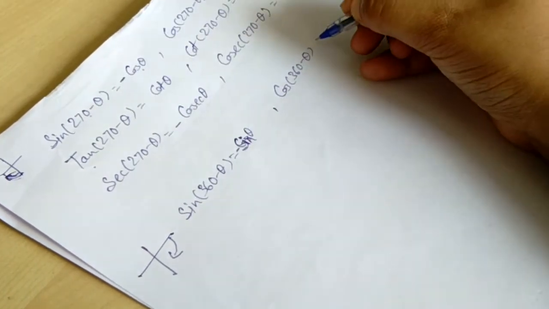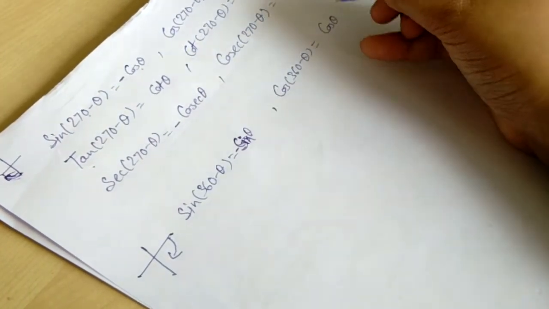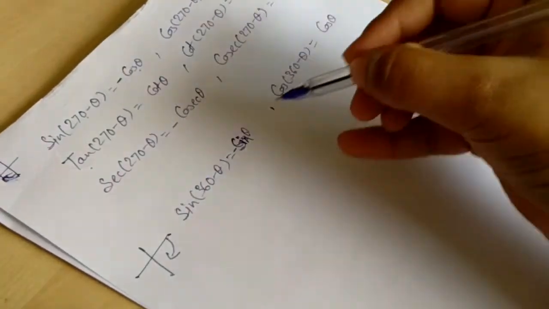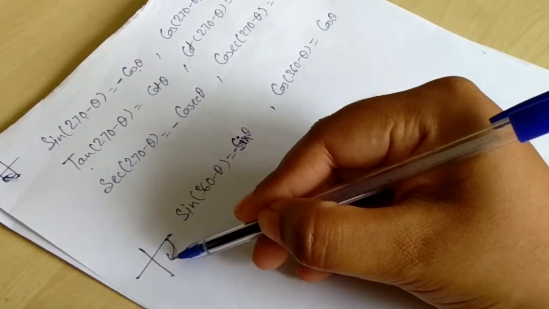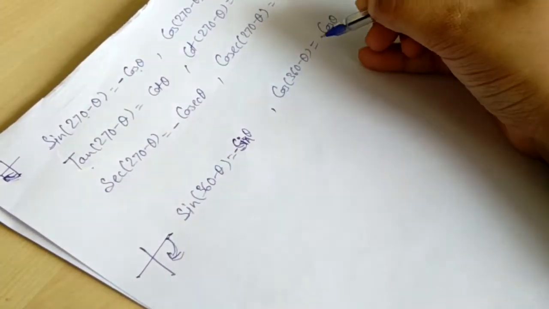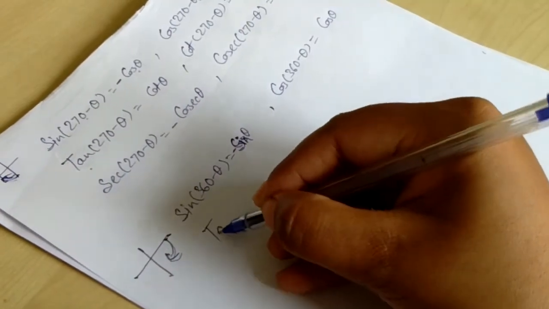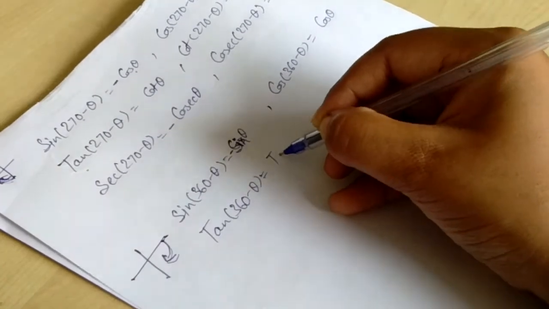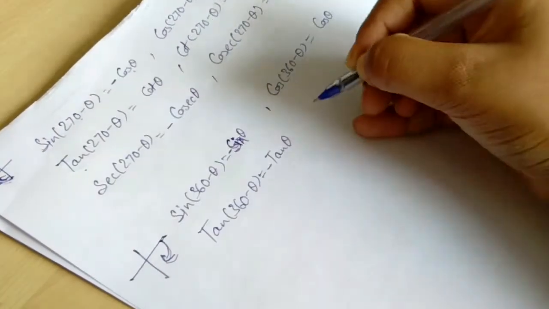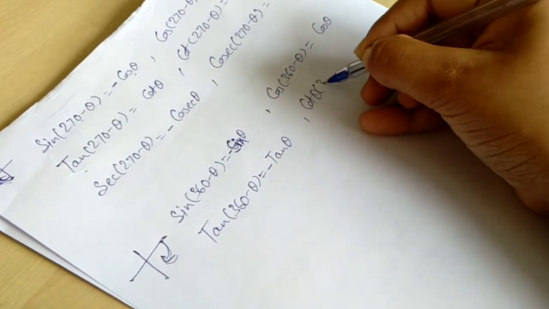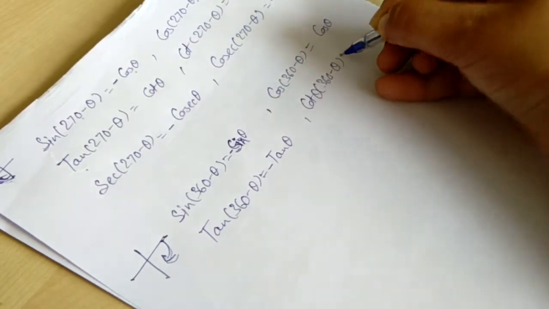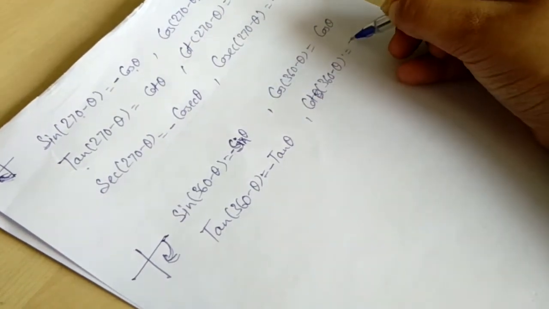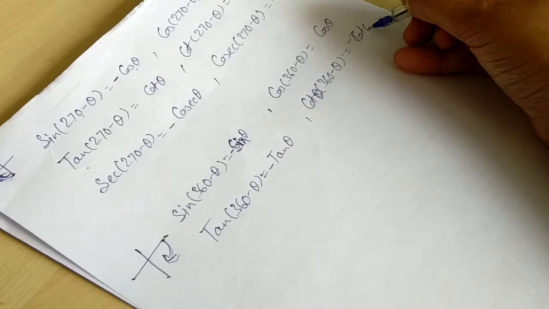Again cos(360 minus theta) is cos theta, but 360 minus theta means fourth quadrant, and in the fourth quadrant cos is positive. Again tan(360 minus theta) is equal to tan theta, but with a negative sign, and cot(360 minus theta) is equal to minus cot theta.